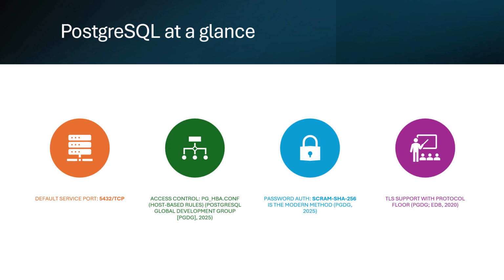For TLS, parameters like ssl_min_protocol_version allow administrators to force a minimal version such as TLS 1.2 or TLS 1.3, helping prevent downgrade attacks. These features give us powerful levers to tighten security before external exposure.